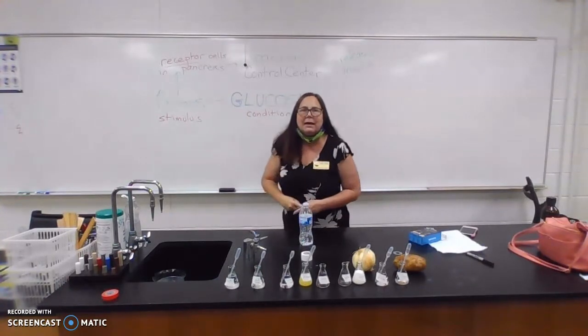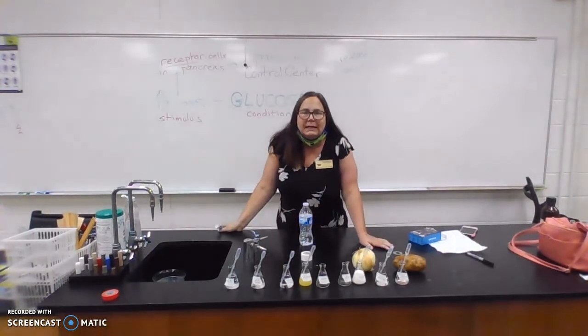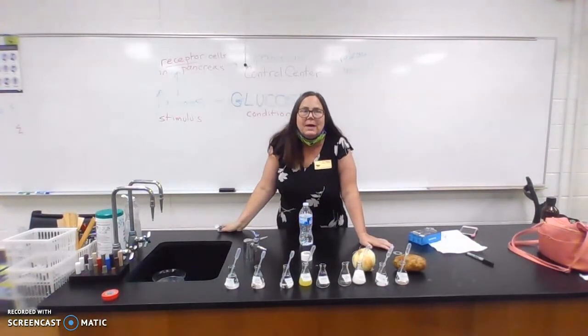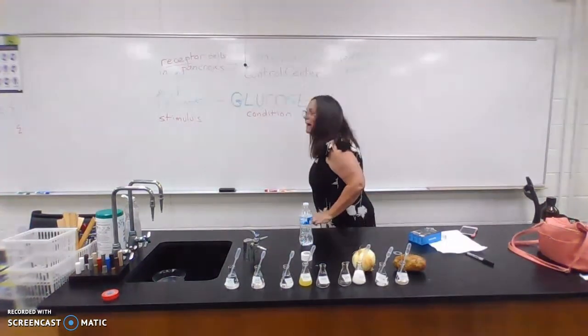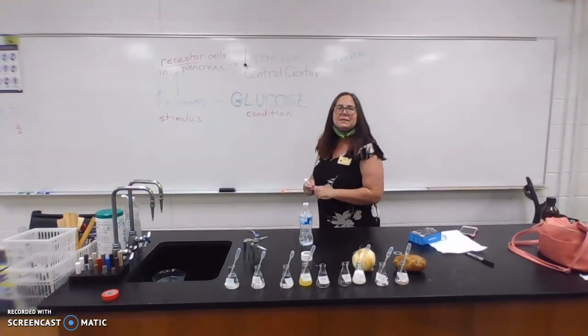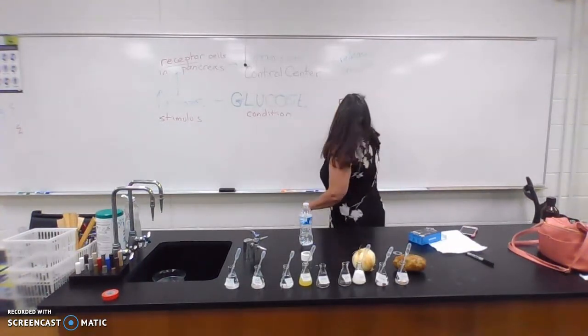Now, I did not tell you that you had to label the chemical messengers or that you had to explain how the control center got its message to the effector, but I'm going to label it here because it's one of your questions on your homework.